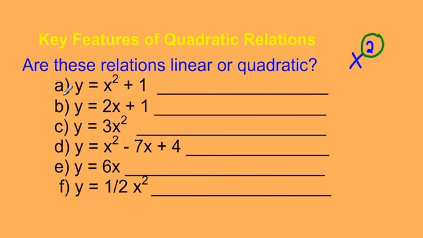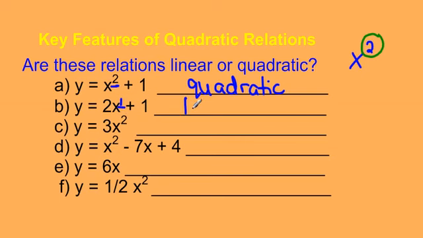Well, let's see. Y equals x squared plus 1. The degree of this equation is 2, so this indeed is quadratic. My next one is y equals 2x plus 1. Now we can assume there's a 1 here, which would make this a degree of 1.